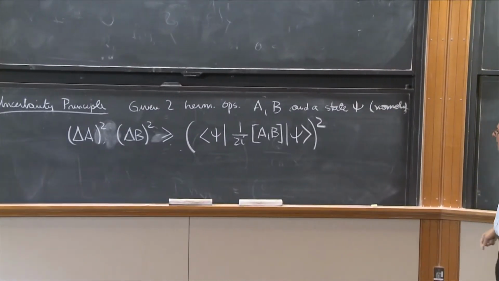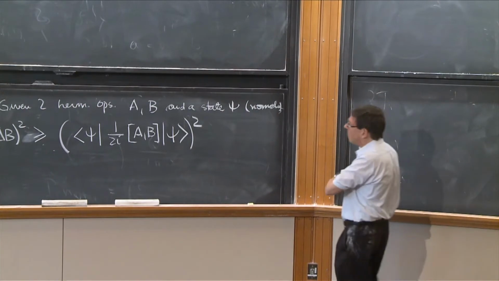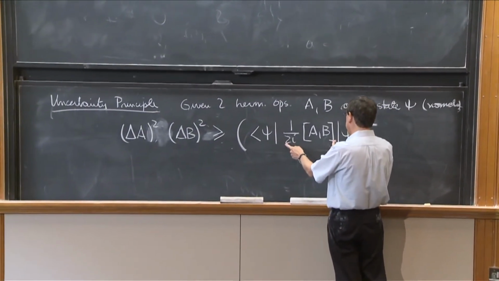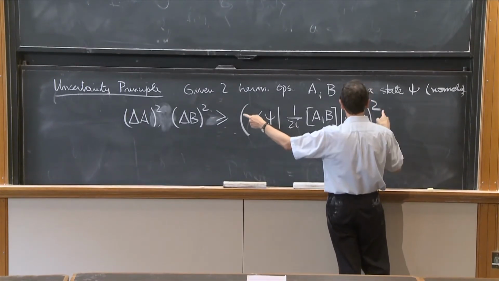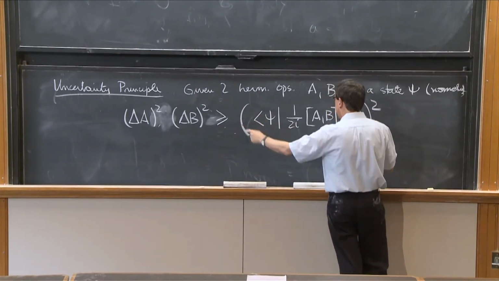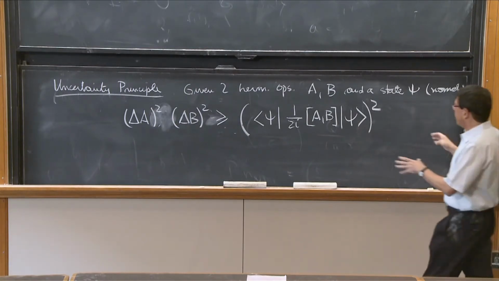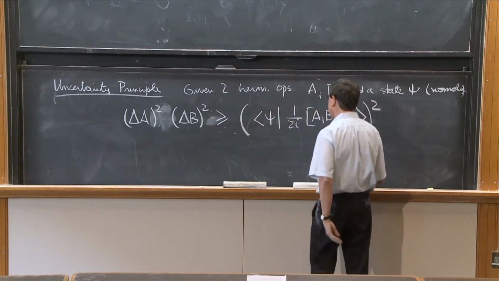Okay, so here it is. This number is the expectation value of this strange operator in the state psi, squared. Even such a statement is somewhat confusing because you wish to know what kind of number this is.